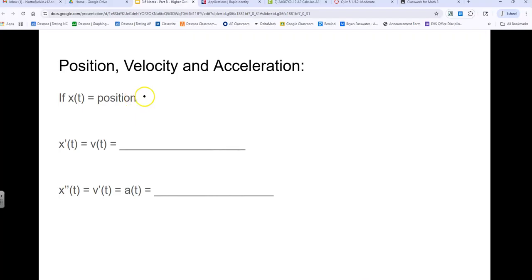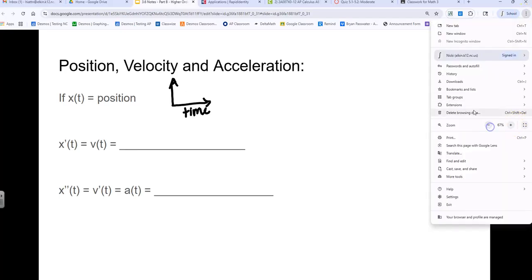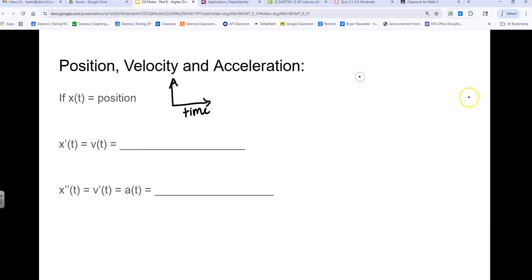So if I have a position graph, that position graph would have time here, and it would have position or distance here.